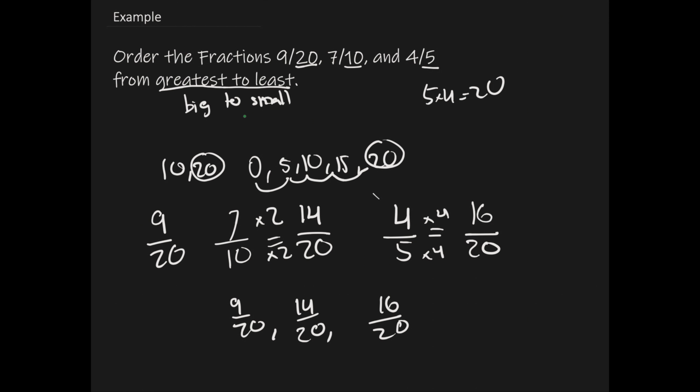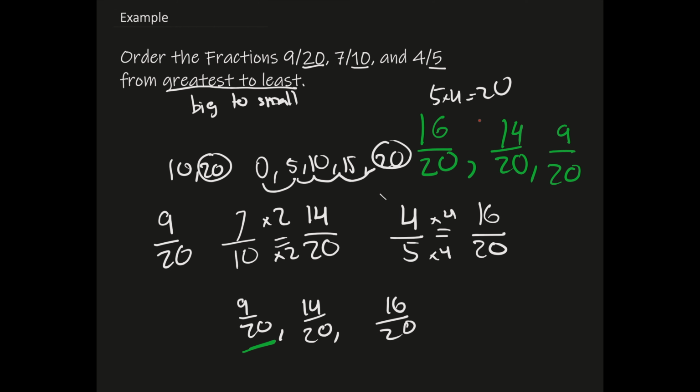So first we have 16, 14, and 9. It looks like 16 is the biggest, 16/20. Next, out of 9 and 14, 14 is greater, 14/20. Then the last one left is 9/20.